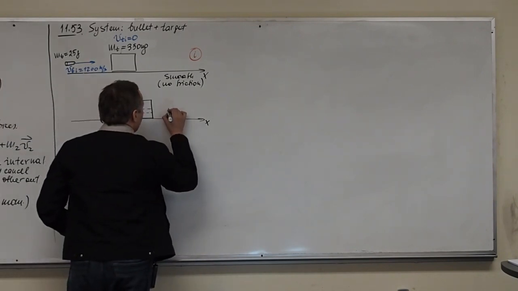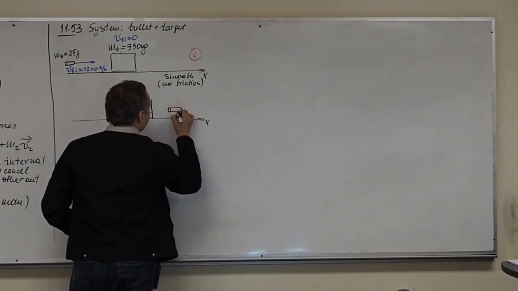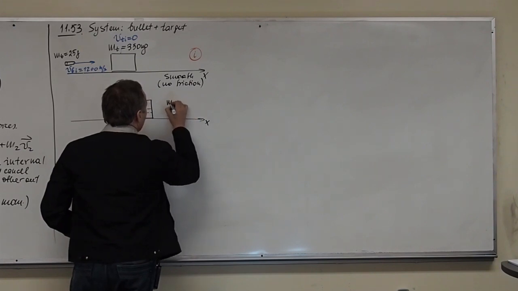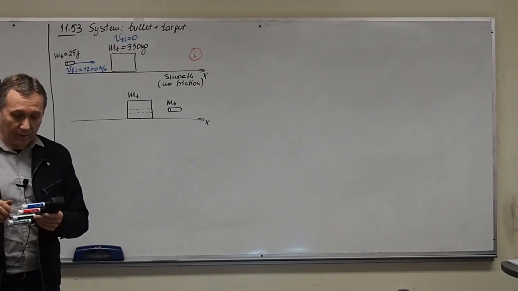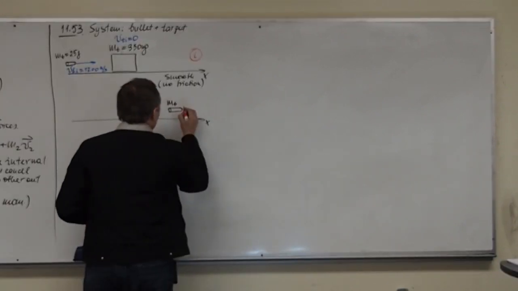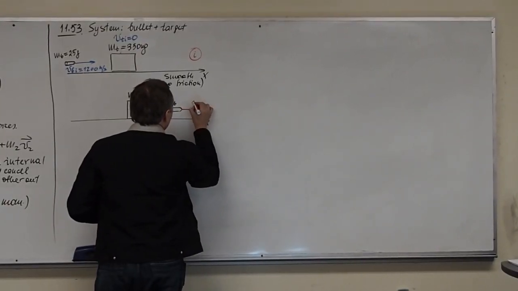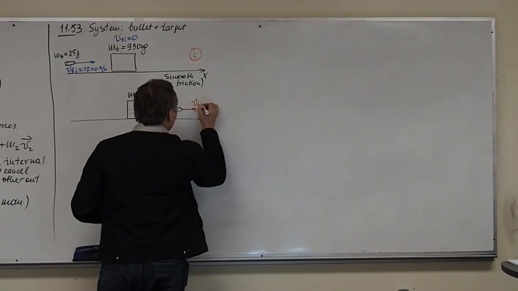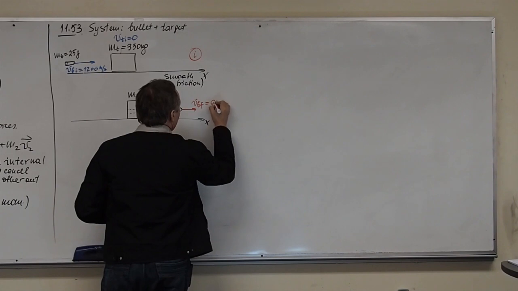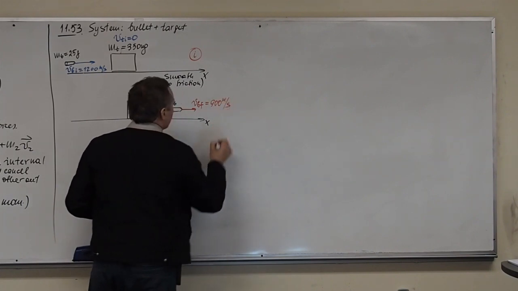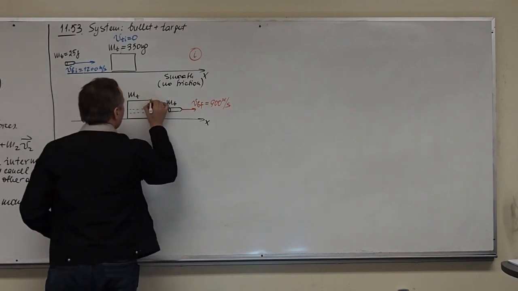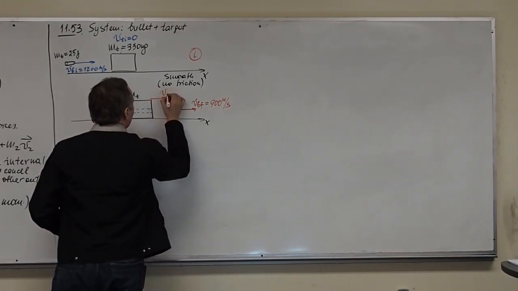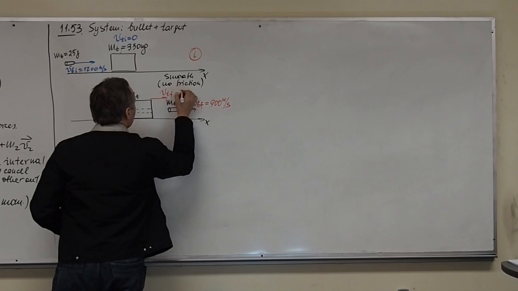And of course the bullet will continue traveling, with the same mass, we assume that the bullet did not lose any mass. And the final velocity of the bullet is given: the bullet final velocity equals 900 meters per second. And what we need to find is the velocity of the target final.